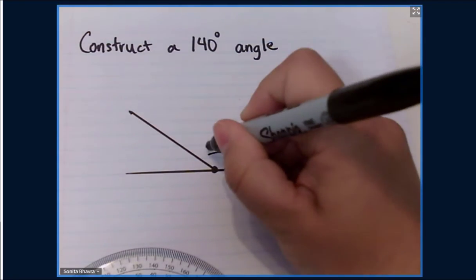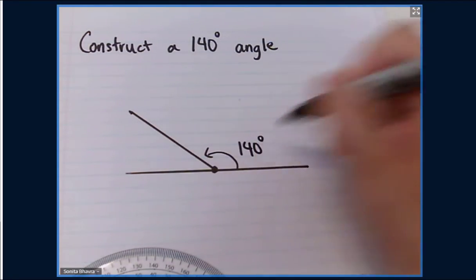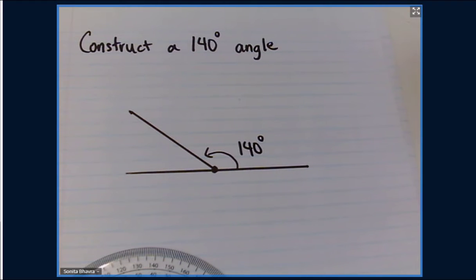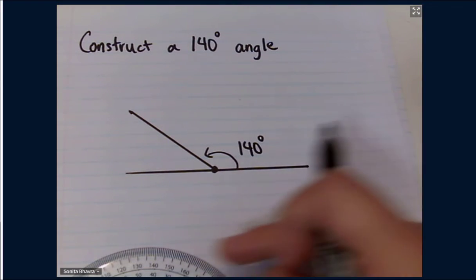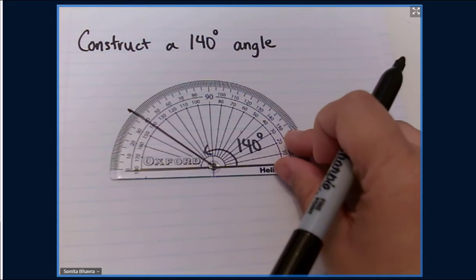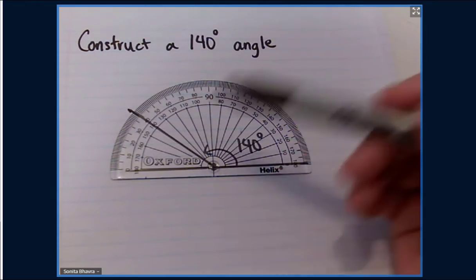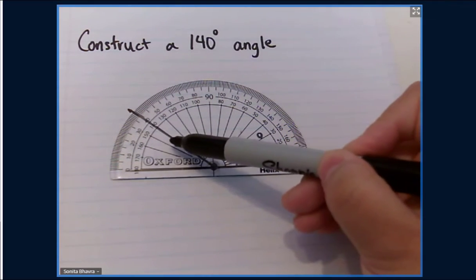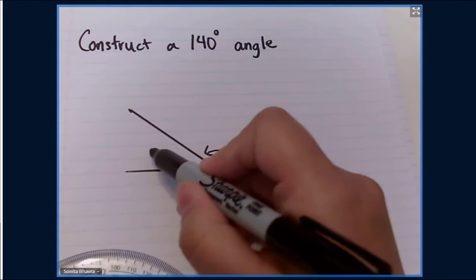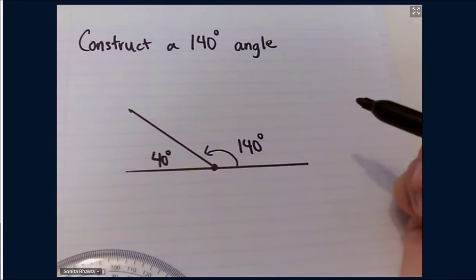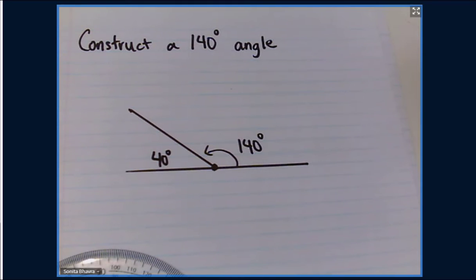So from here to here, we can say is 140 degrees. We can also state that the acute angle made on this side is 40 degrees. And again, it totals 180 degrees.